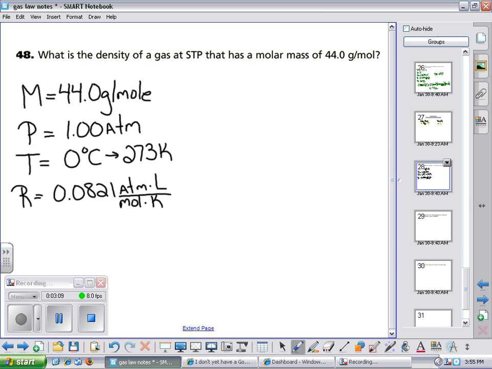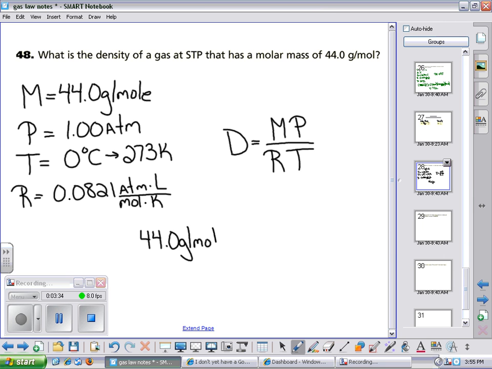Right, and then we know from the previous slide the equation to solve for density is molar mass times the pressure divided by the R value times the temperature. And I know all of that from this problem. So I'm going to take the 44 grams per mole, multiply it by the pressure, which is 1 atmosphere.